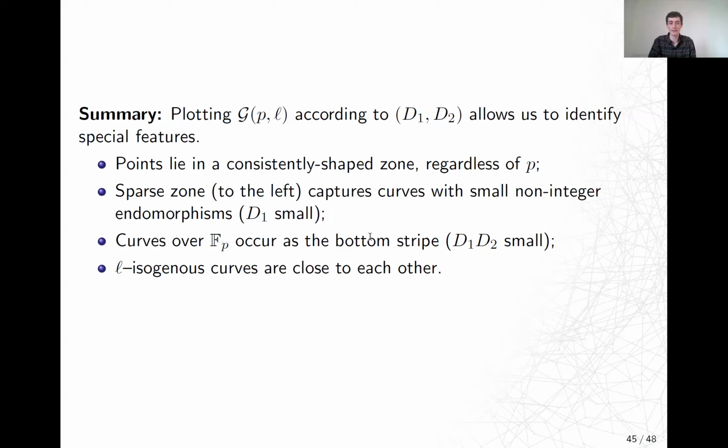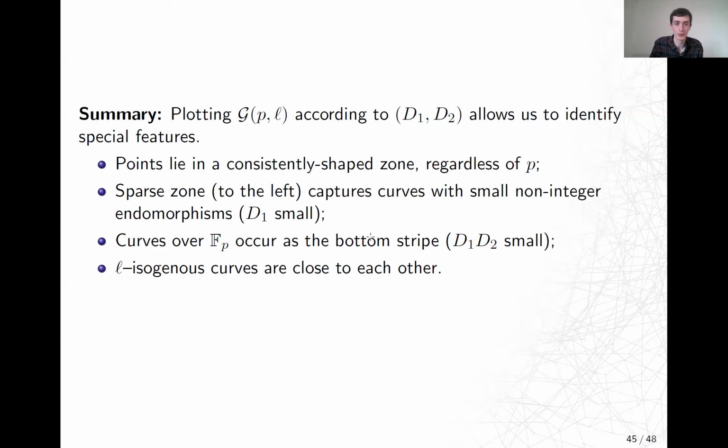And finally, we have the fact that L-isogenous curves are close to each other. And as you take p to be extremely large, this actually gets stronger and stronger. The distance within this graph, compared to the size of the whole set, is going to get much, much smaller. And so paths in the isogeny graph will actually look essentially like Brownian motion walks, tiny little steps.